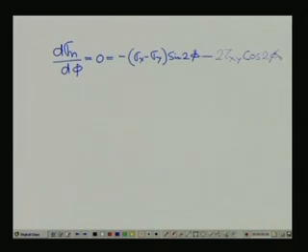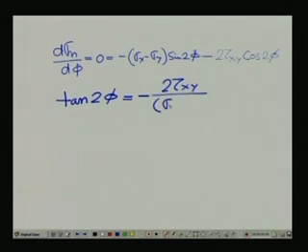So this gives tan 2 phi, which comes out to be minus of 2 tau x y divided by sigma x minus sigma y.